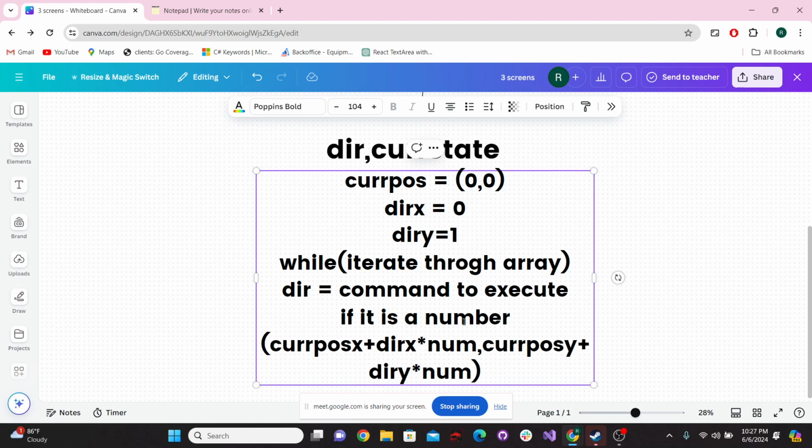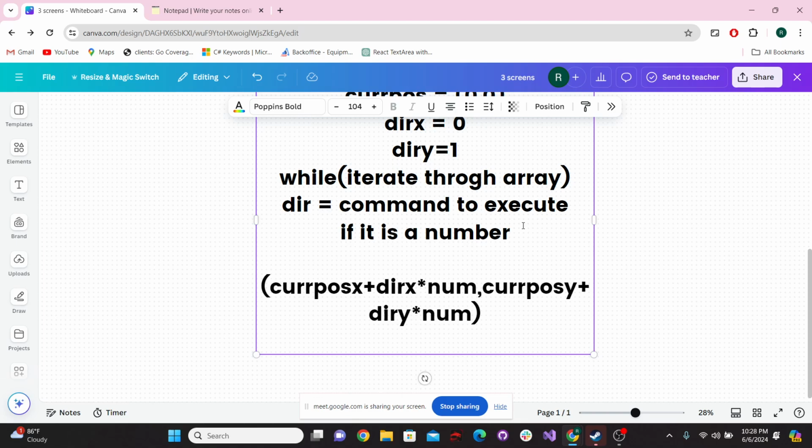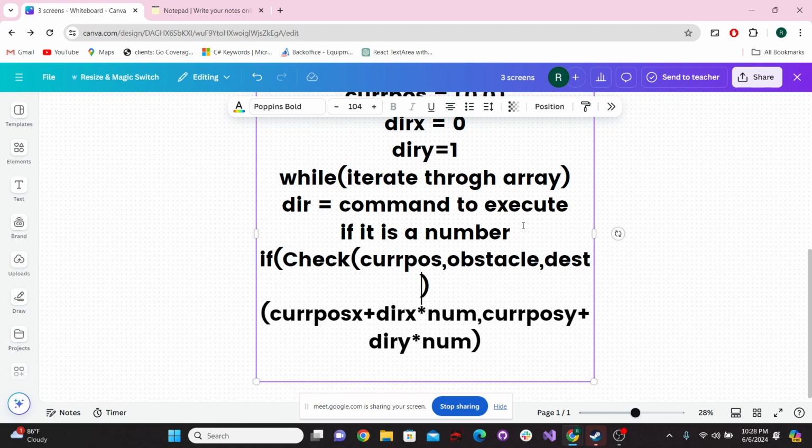Then, if it is a number, check the current position and the obstacles. If the destination is allowed, then only I'm going to change the current position.